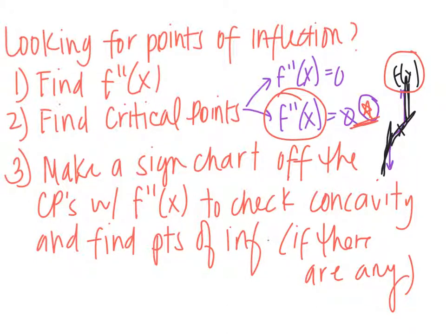You could still have a point of inflection at either of these two critical points, whereas when testing extrema, we won't have any where the first derivative is undefined, and that's because of the relationship between the derivative and the function, and the fact that this makes maxes and mins, not points of inflection. So they're two completely separate beasts that deal with two completely separate things on the function.